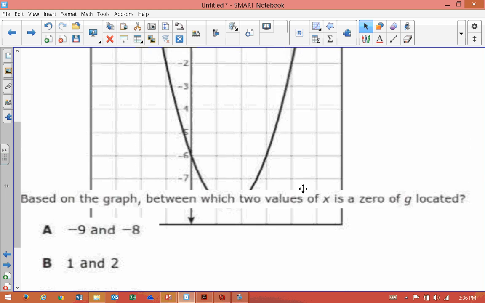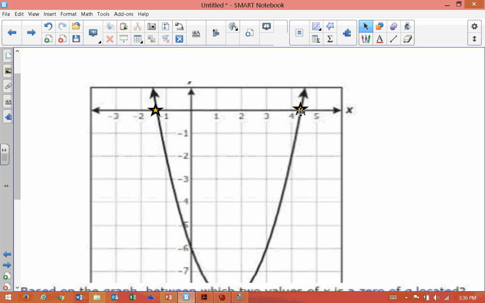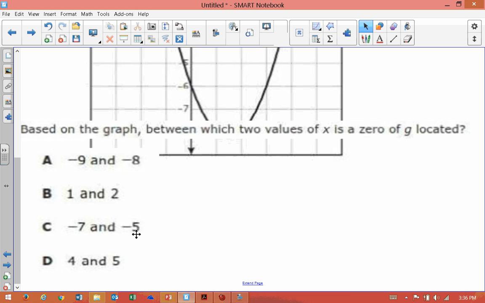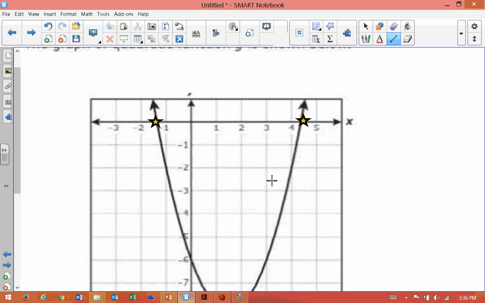But 4 and 5, there's our root right there. We also have a root between -2 and -1, but they didn't ask that. So there's nothing to calculate, it's just everything to see. Let's indicate that with a line right there. So our correct answer is D, 4 and 5. We have a root right there.